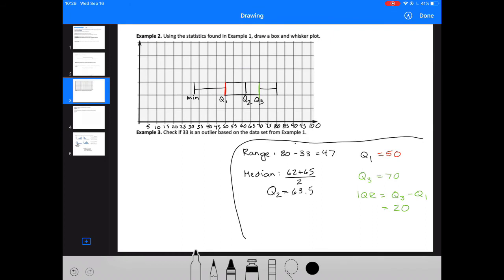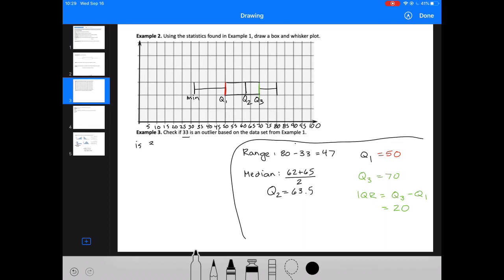The next thing that we're going to check is if 33 is an outlier based on the data set from example 1. What we need to check is if 33 is greater than Q1 minus 1.5 times the interquartile range.